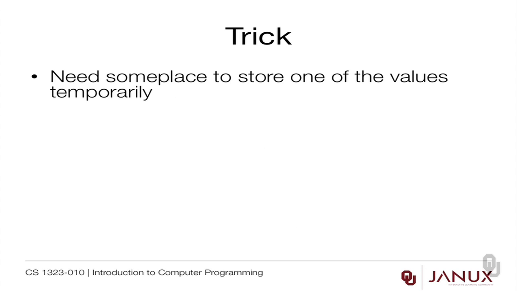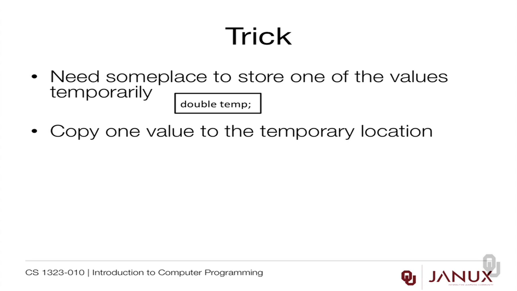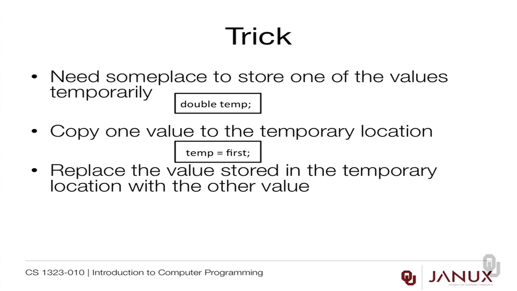So here's the trick. We need some place to store one of the values temporarily. I usually call this temp, so we declare a double temp. Now we copy one of the values to the temporary location. So that would be, for example, temp equals first. That means take the value in first and store it to the location temp. Now we can replace the value stored in the first location with the other value.